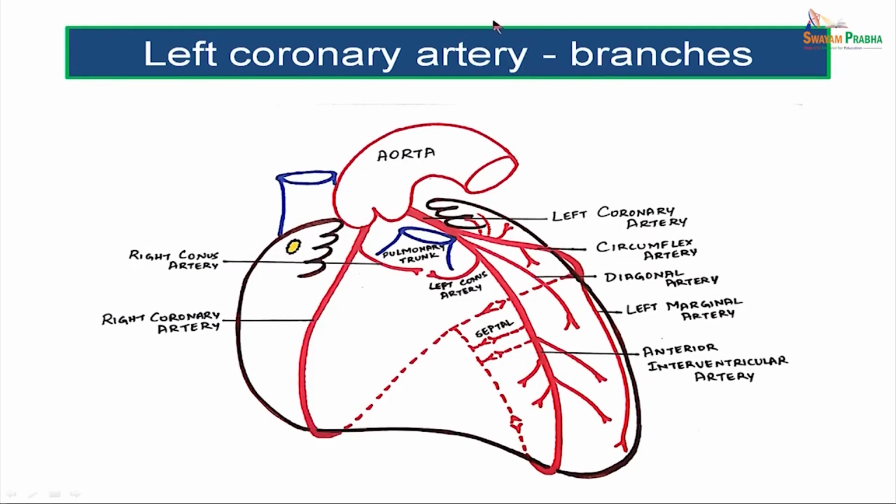Next, look at the branches arising from the left coronary artery. Left coronary artery has taken its origin from the left coronary sinus here. It has got a short course between the pulmonary trunk and the auricle.